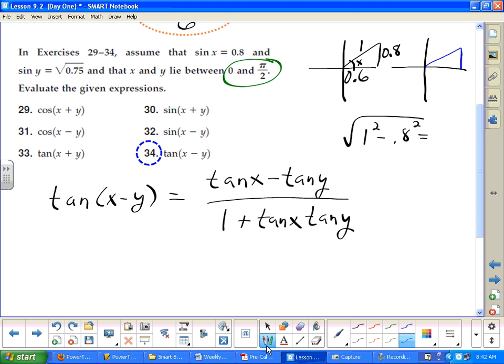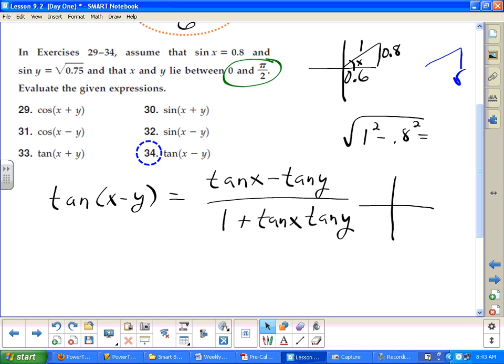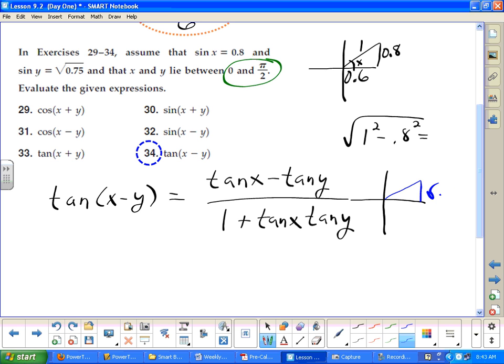I don't know if I can get that in there. Square root, no, we can't. We're going to move it. Right? Square root of 0.75 over 1, right?